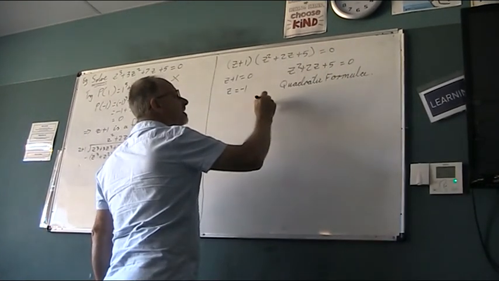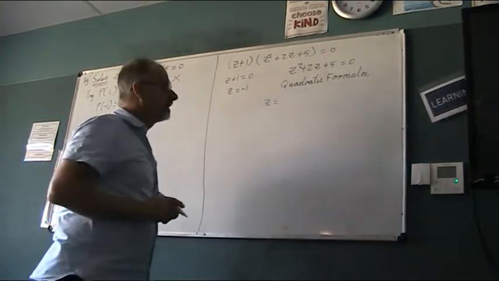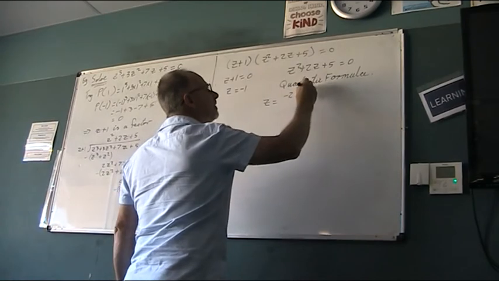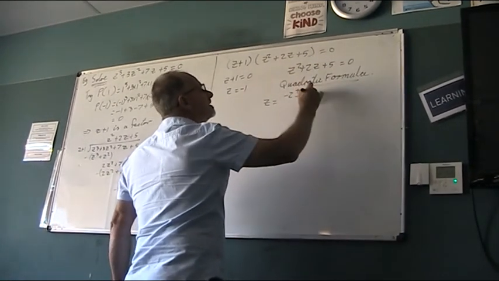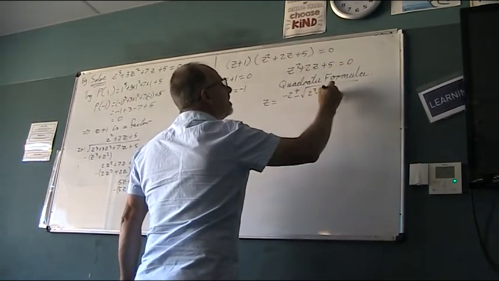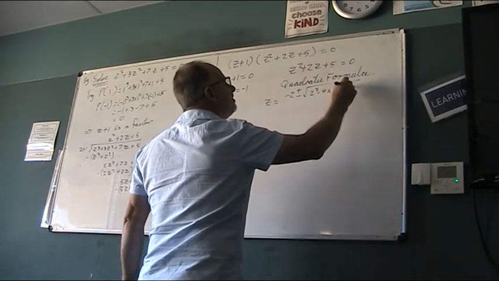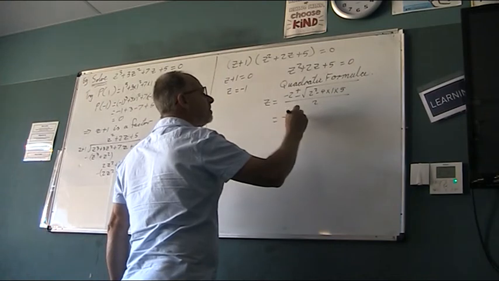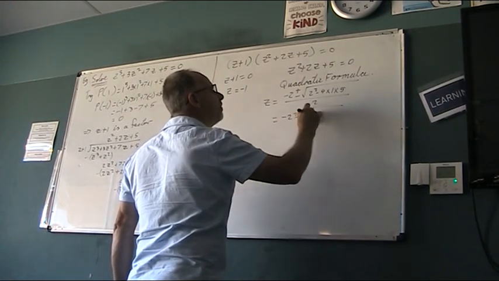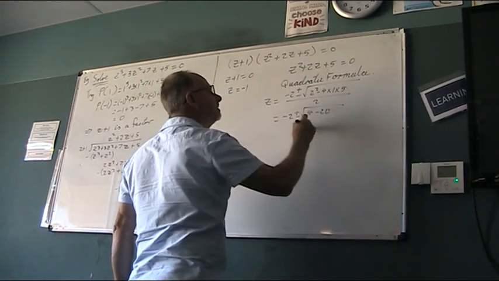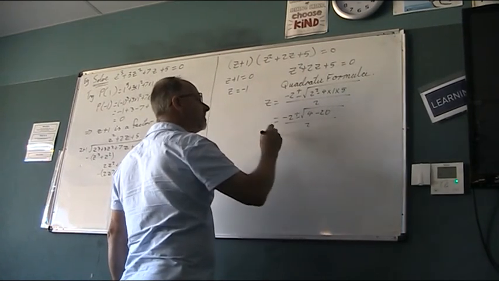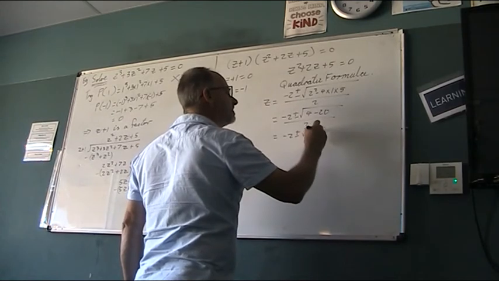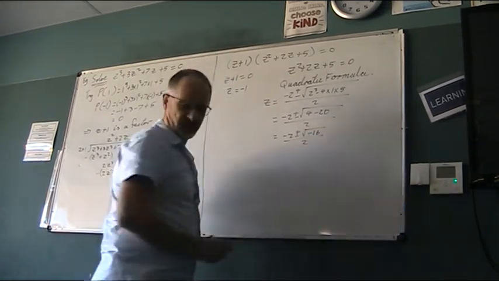So in this case, z equals negative b, negative 2, plus or minus the square root of b squared, 2 squared minus 4 times 1 times 5, all over 2. Negative 2 plus or minus the square root of 4 minus 20 over 2. Negative 2 plus or minus the square root of negative 16 over 2.